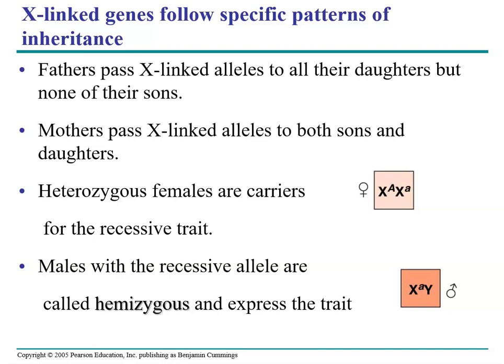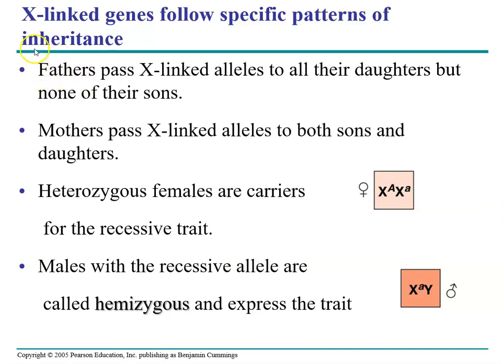So to have a better understanding of that, we're going to be doing some Punnett squares. And we'll do one together, and then you have some practice problems that you can work on in your course pack worksheet. And I'll direct you to that when we're ready. But these are some of the guidelines and rules and just some new terminology regarding doing Punnett squares and making predictions about the crosses for a X-linked recessive trait.